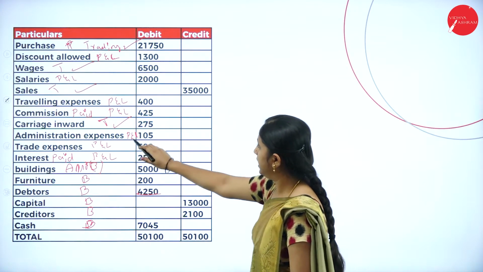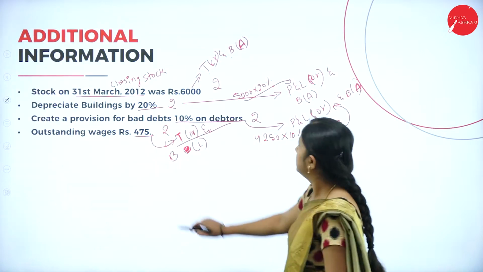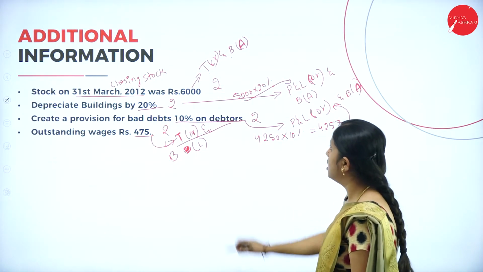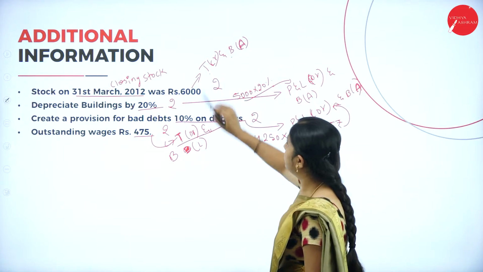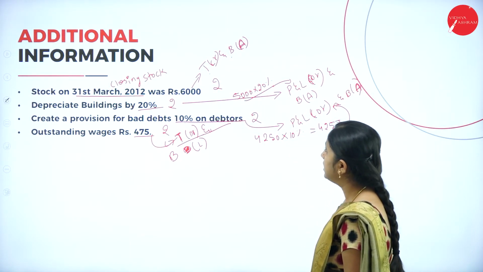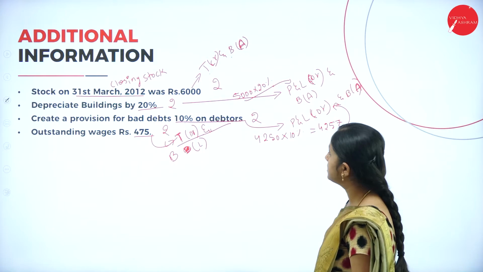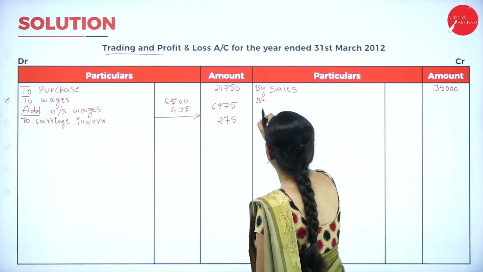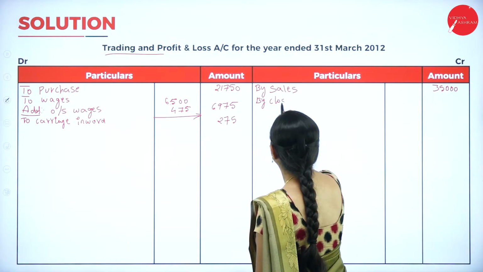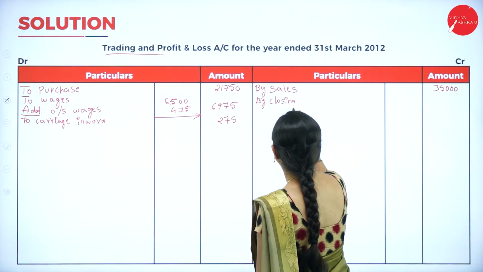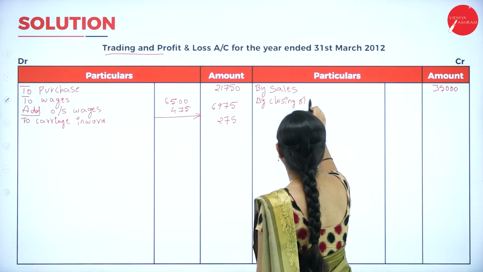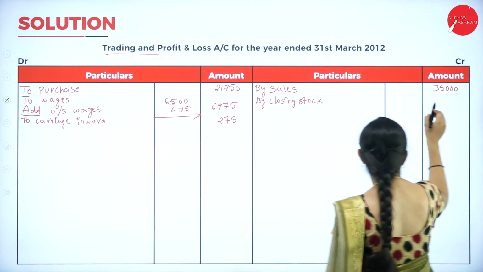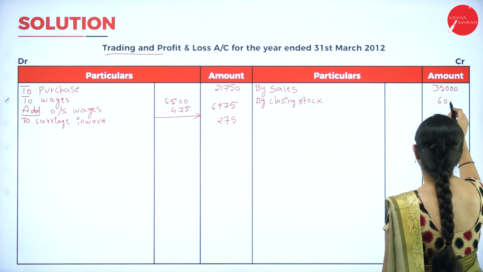Next, here you have one more trading entry, that is closing stock. Closing stock goes on the trading account credit side. So write by closing stock, rupees 6,000.